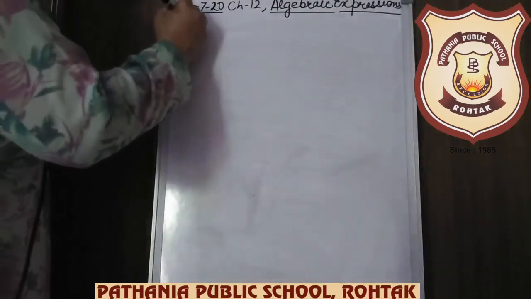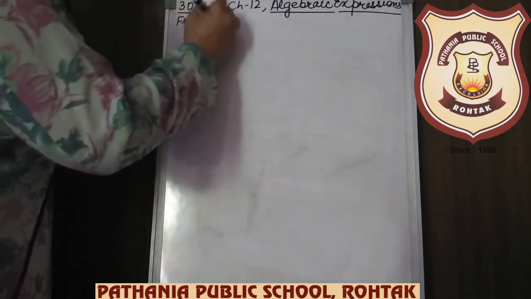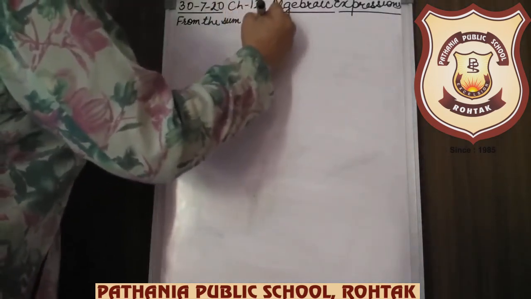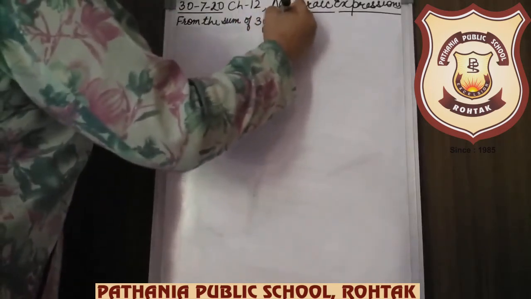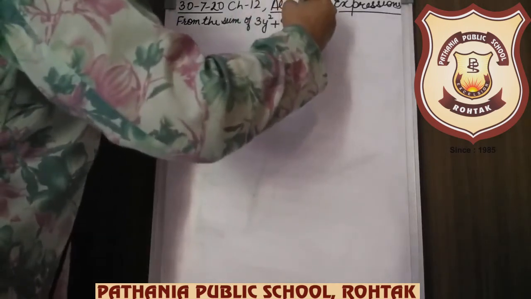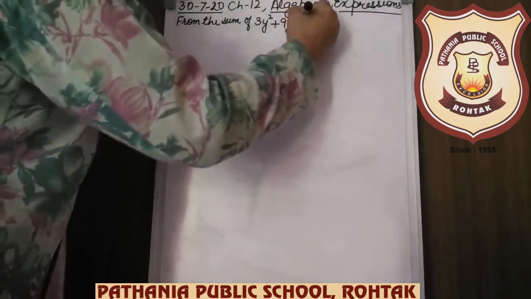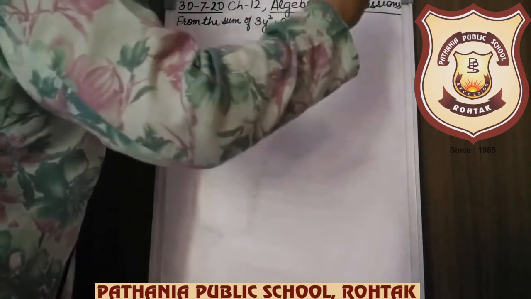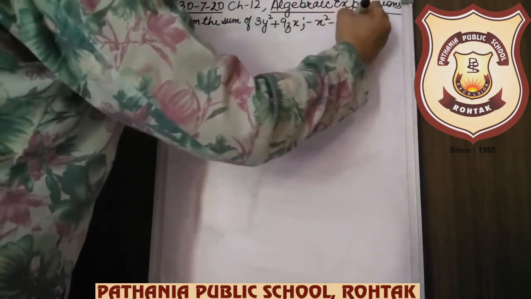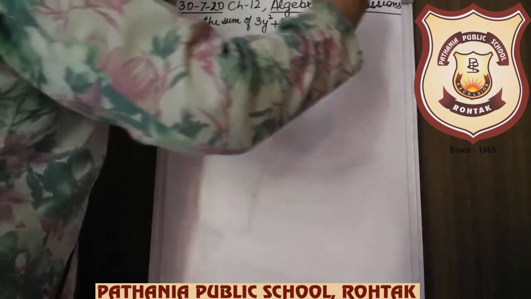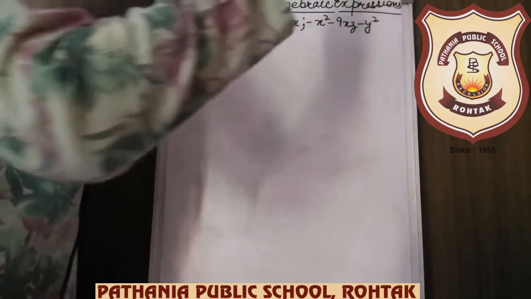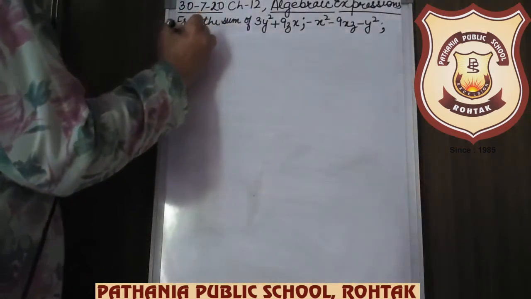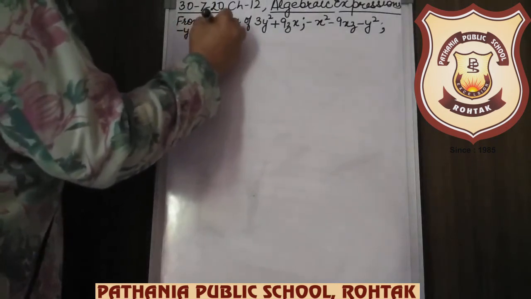Now the question is, from the sum of 3y square plus 9zx, this is your one expression, minus x square minus 9xz minus y square, and third expression is minus yz and minus 9y square.